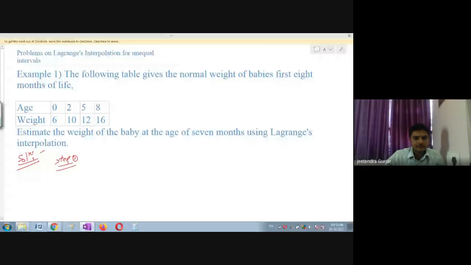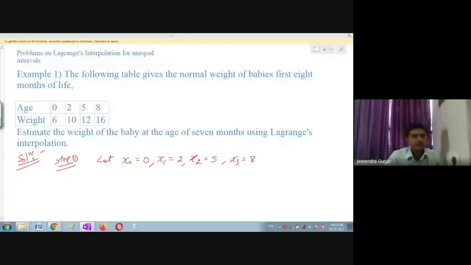So let x0 is equal to 0, x1 is equal to 2, x2 is equal to 5 and x3 is equal to 8 months.